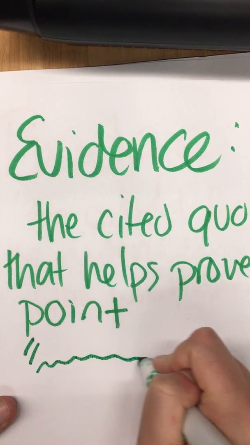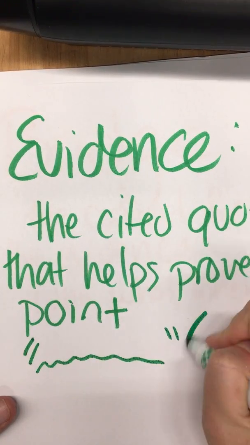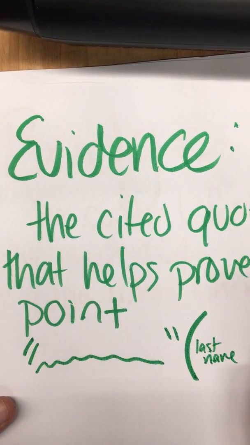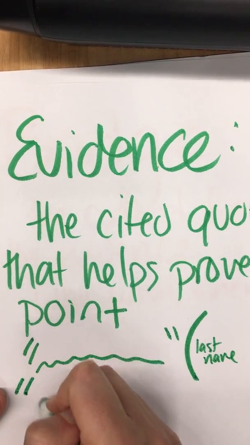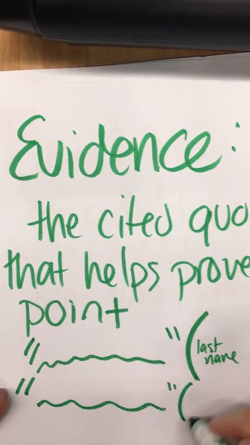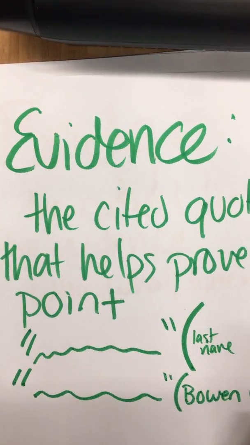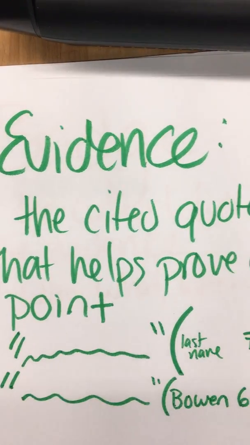So this is our quote. Then we do our parentheses, the last name of the author, and the page number. So that would look like, here's our quote again. Let's say Bowen 6. Okay?